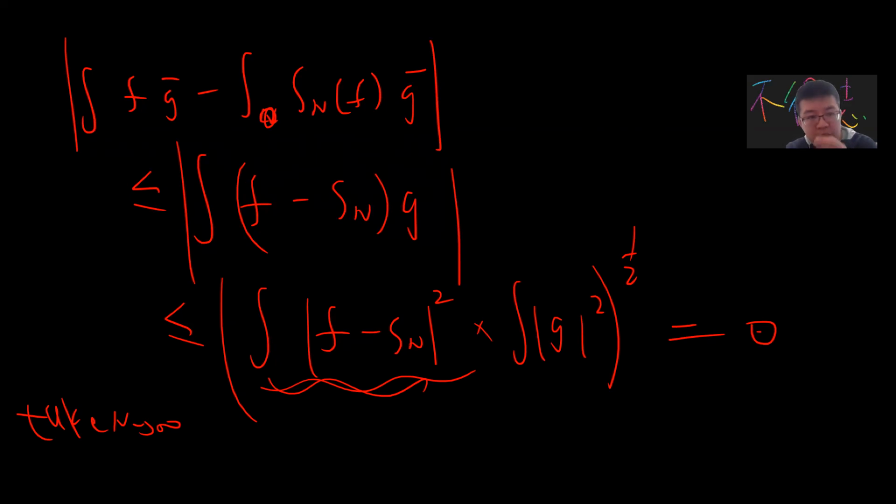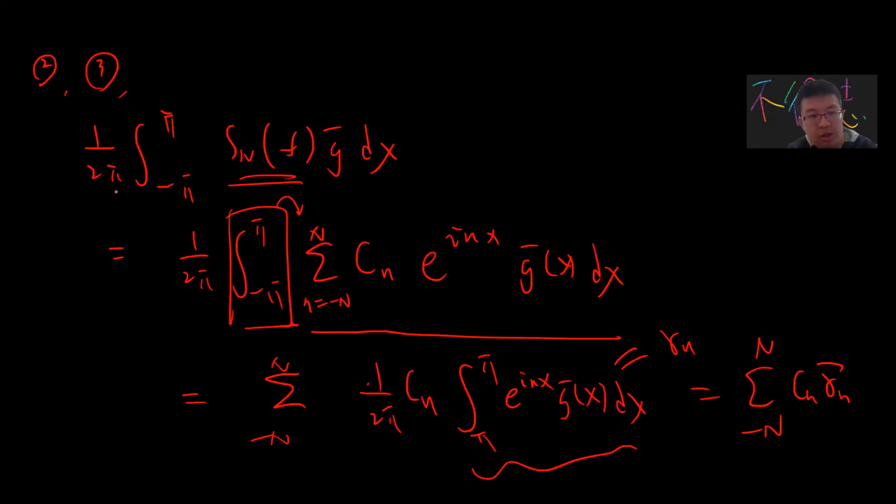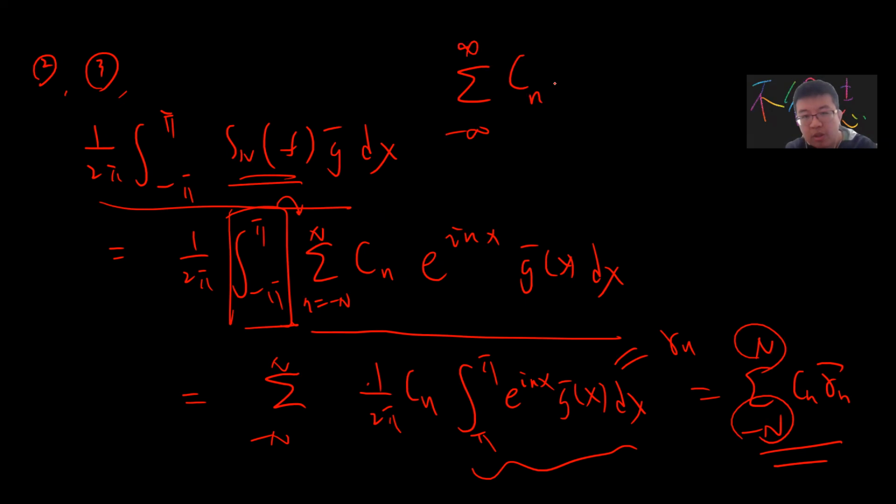Okay, so which means what? These two will be the same, right? So just take n goes to infinity, so that the summation of Cn gamma n will become the integral of f times g bar.